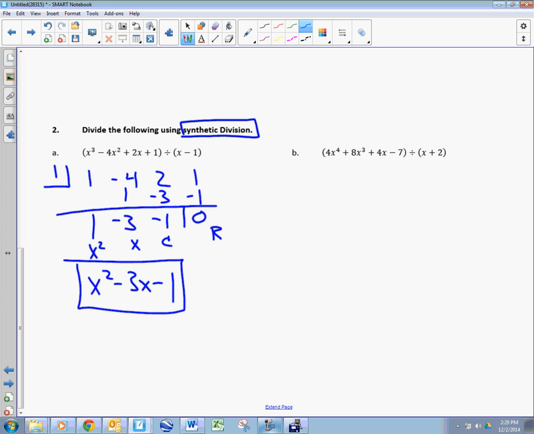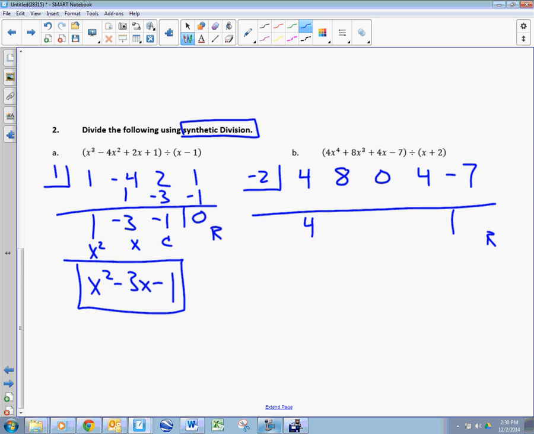We try another one. What's the solution to this? Negative 2 goes into 4, 8, 0, 4, negative 7. Spot for the remainder. What's my first step? Multiply. 8 plus negative 8.